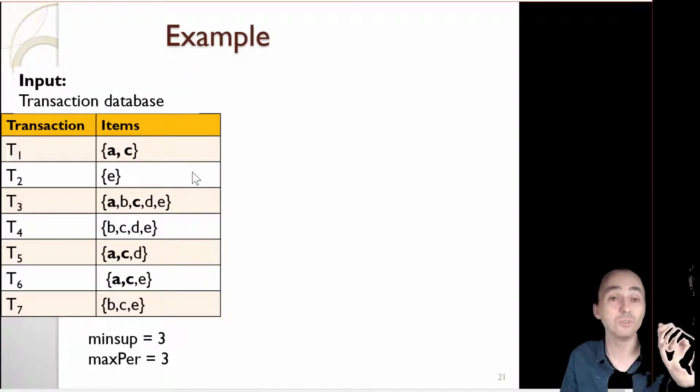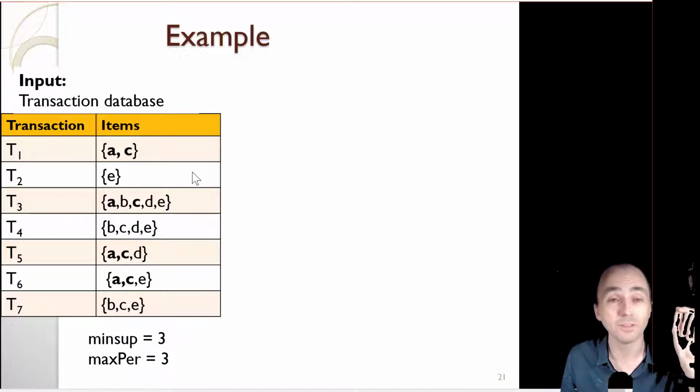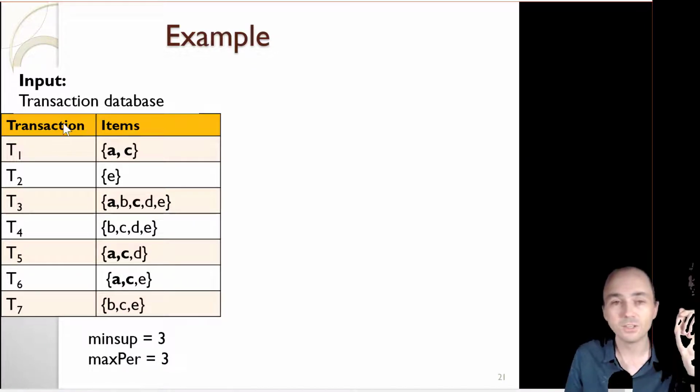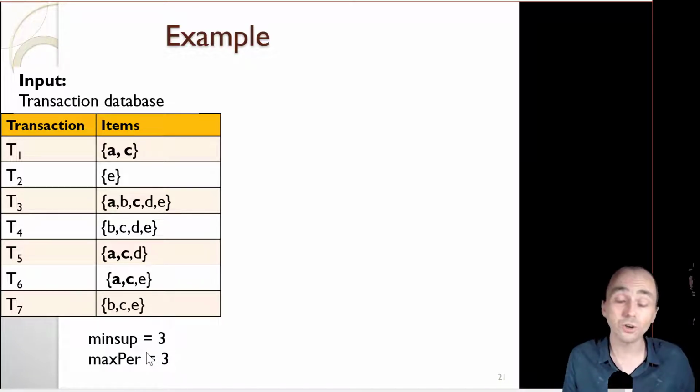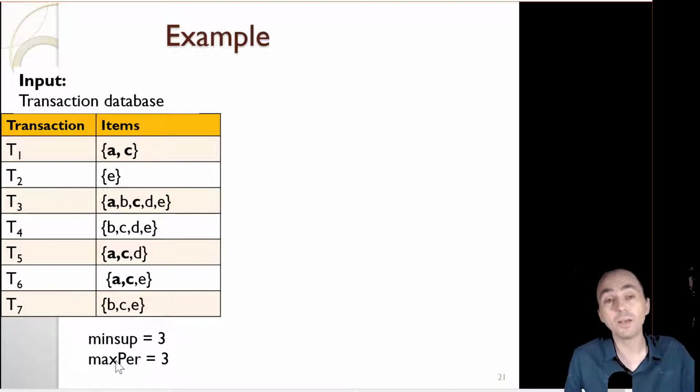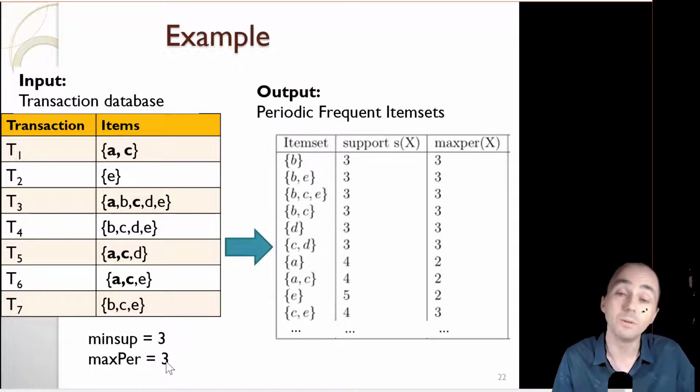So now I will show you a full example about this. On the left, you have a table, again the same example, and let's say the user will set the parameter, the minimum support, to 3, and the maximum periodicity to 3. So the result will be like this. The result will be what we call the periodic frequent item set.